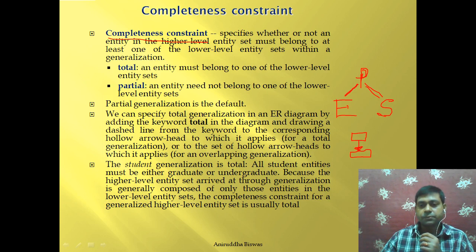The sharp side of the arrow, which is connected to the entity, means that is the specialized or lower level entity. This way the arrow is denoted. So this is the entity which is generalized, and at this side whatever entity is there, that is specialized.